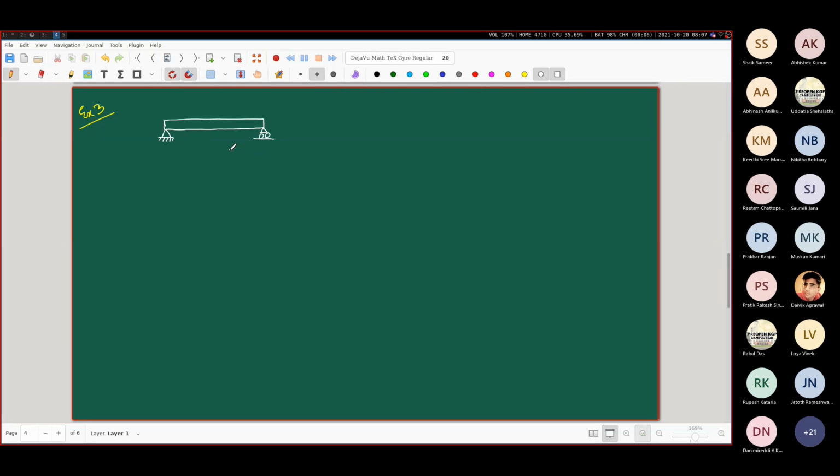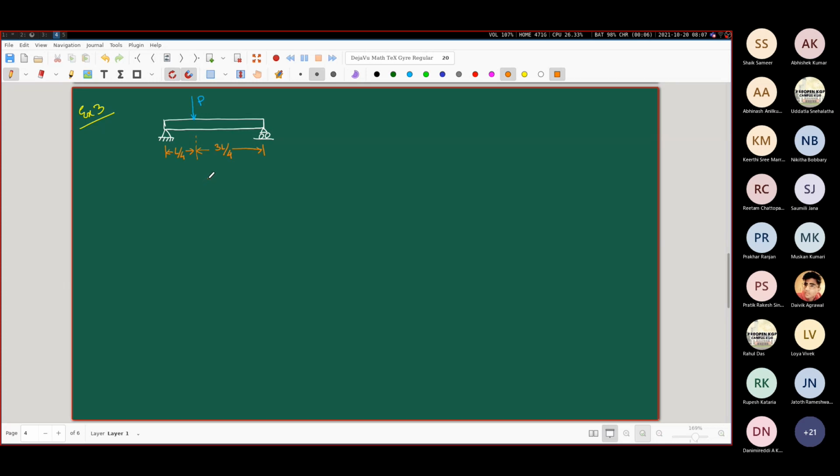I will be taking up statically indeterminate cases a little bit later. So the loading will be like this, P, and the entire length of this beam is L, and this distance is L by 4. And we are supposed to determine the equation of the elastic curve.